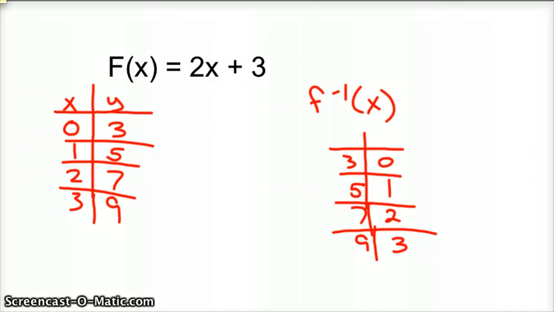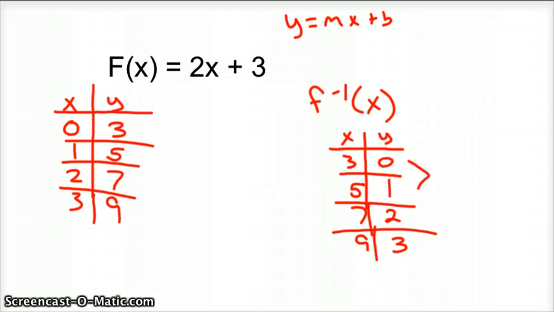Okay, just a simple matter of calculating a new equation for this. Well, this is a linear equation. If you think back to your y equals mx plus b days, we start with finding your slope.